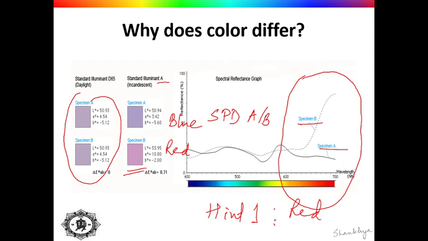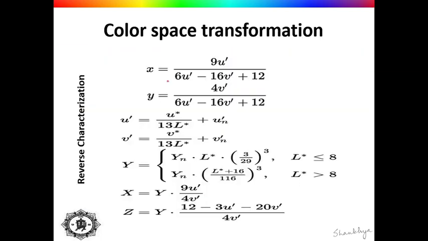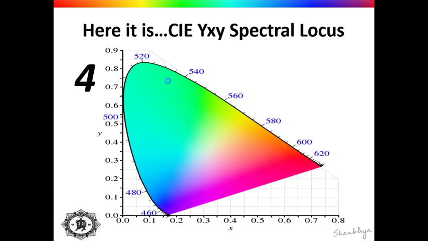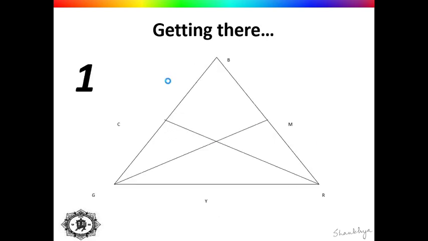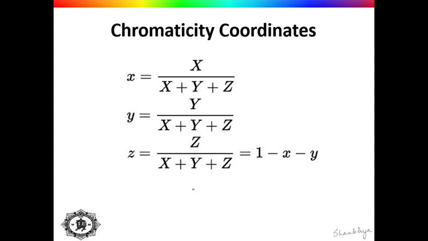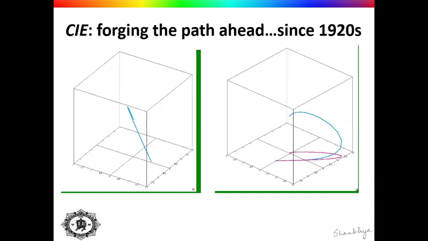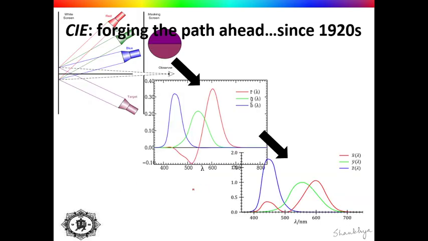Your hint number 2 is the SPD of the illuminant that you are using, that is illuminant A. So where did we see the SPD of illuminant A? I showed you in a previous slide, just when we were beginning to understand what colorimetry is. In one of those slides, we saw the SPD for various types of illuminants that we have. So let me just go on to that slide once again.